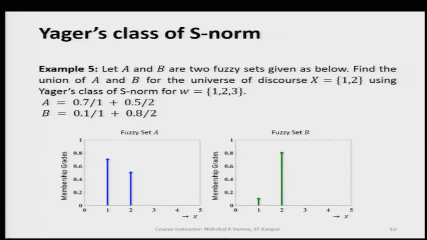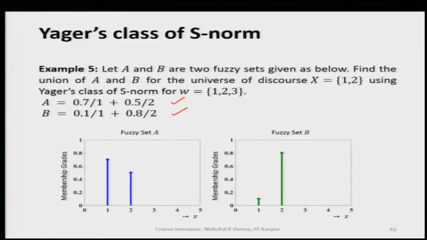Let us now understand Jaeger's class of S norm by taking an example. Here we take two discrete fuzzy sets A and B, and we will take the union of these two fuzzy sets using Jaeger's class of S norm. Let us see what happens.